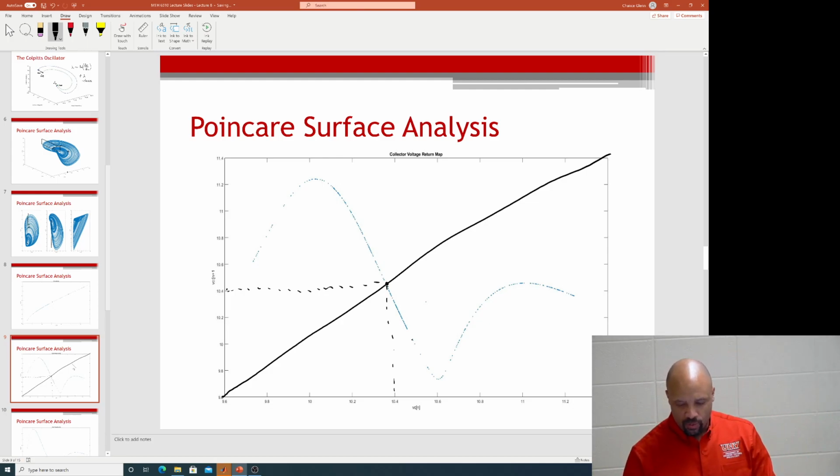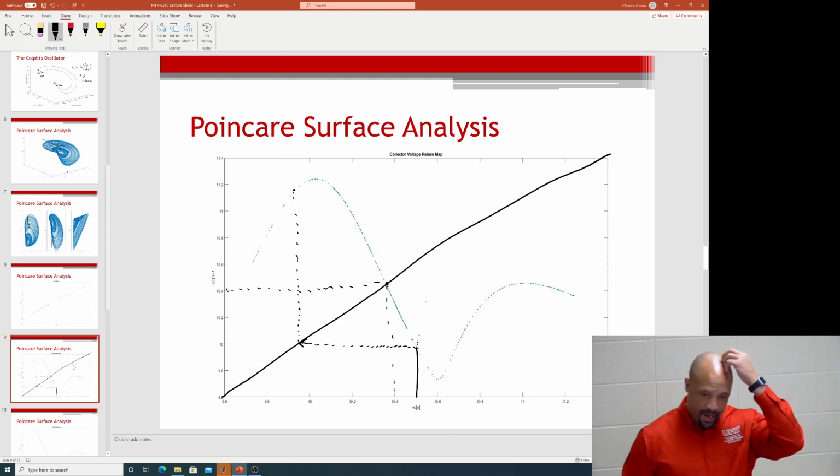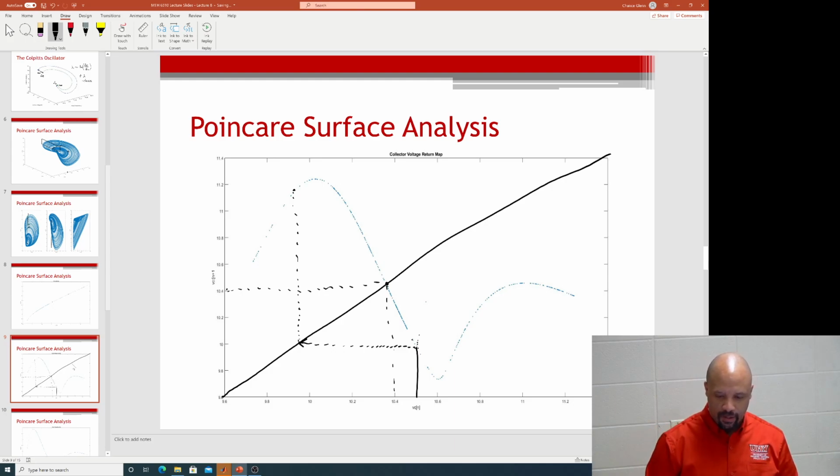But, you know, for example, now if I come in and let's use 10.5-ish, right? 10.5, then I know that when I go over here to the line and then project that onto the curve, that will be where my next point should be, and that is around 11.2.